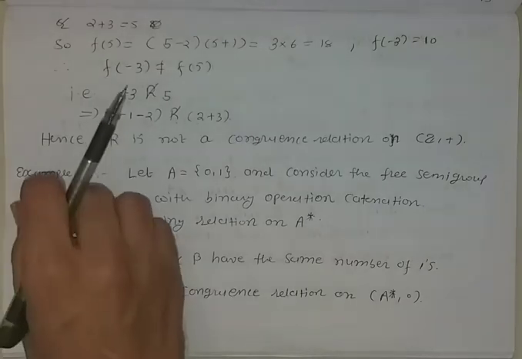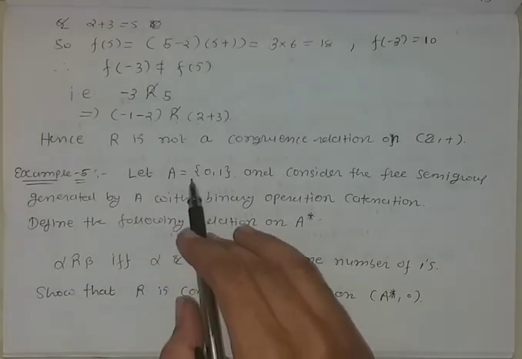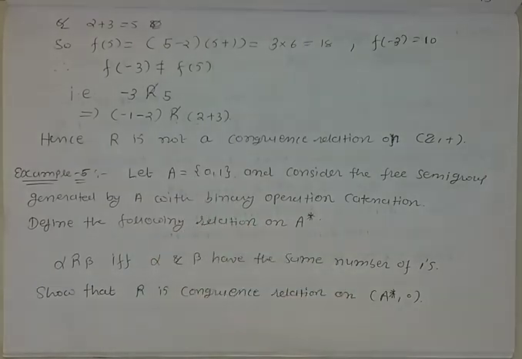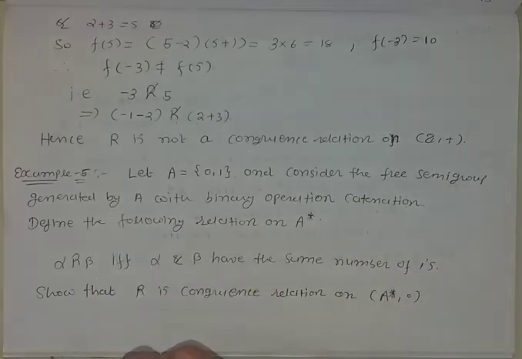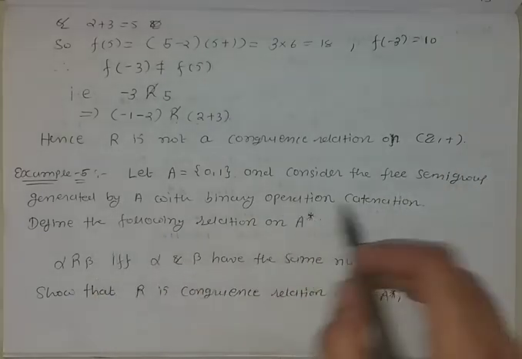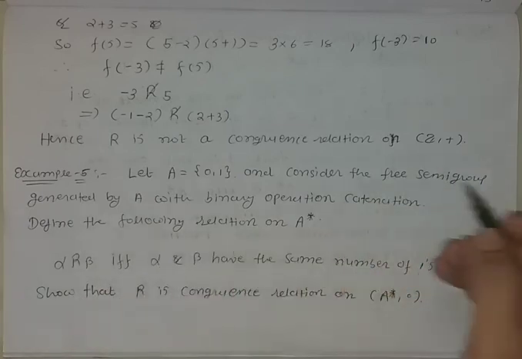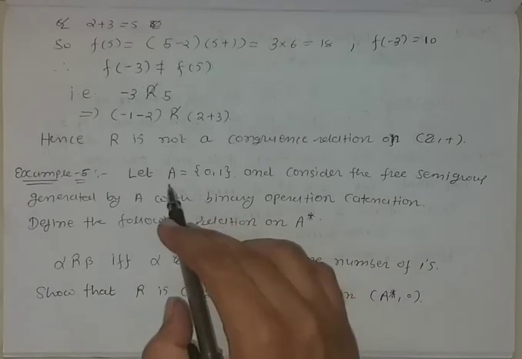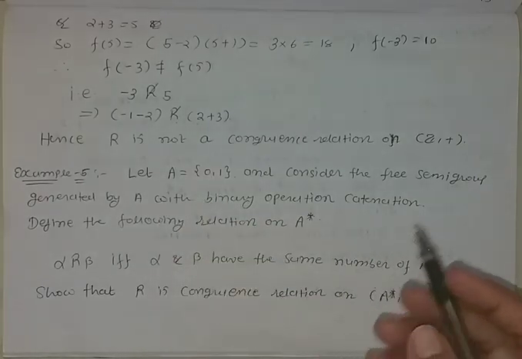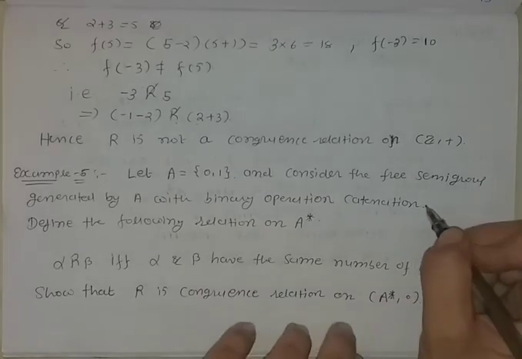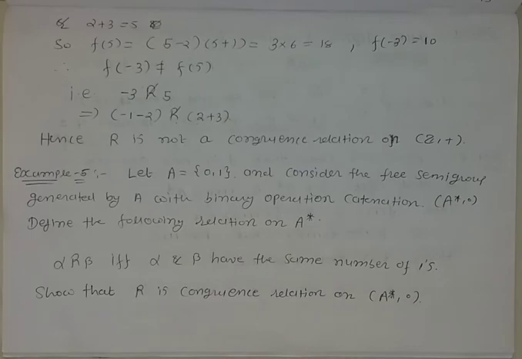So let us see. Let A be equal to the set {0, 1}, and consider the free semigroup generated by A with binary operation catenation defined on it. Okay, A is a set with two elements 0 and 1 and the semigroup is A star with binary operation catenation.